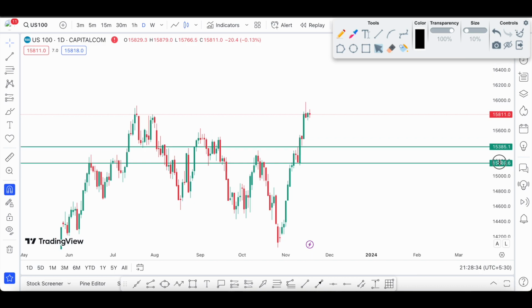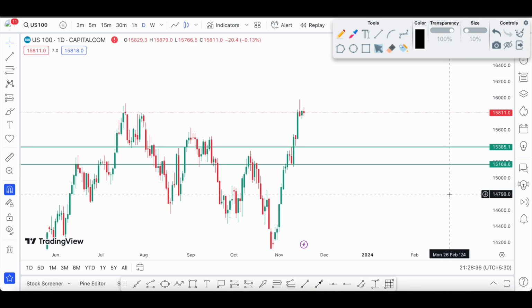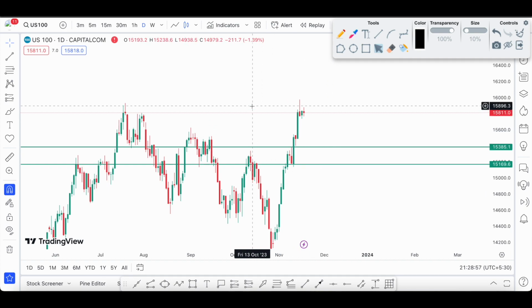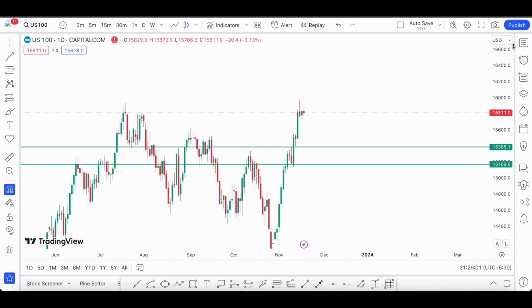I have got some good levels here: 15,169 and 15,385 seem to be good support. Probably it can act as good support again. We have to watch here. If you combine all these things, I expect a sideways to volatile market.